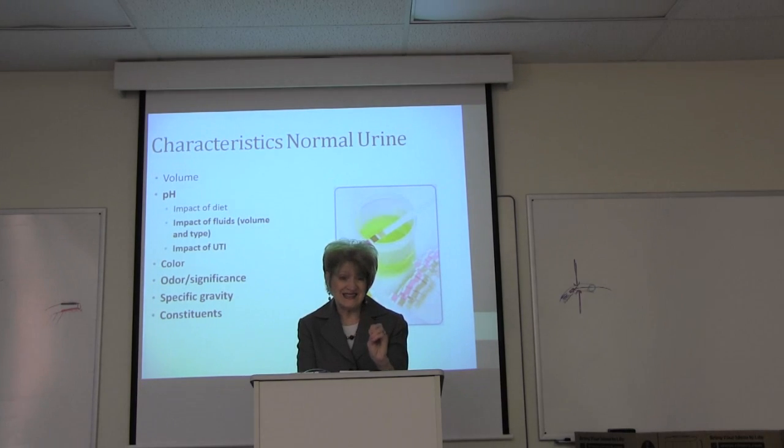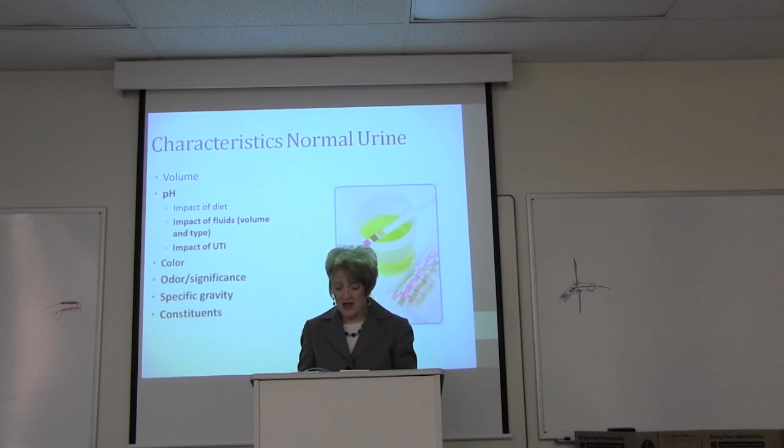Diet has the least impact, but it does have a slight impact in that a vegetarian diet is slightly more likely to produce alkaline urine than a meat-based diet. That's not a reason to encourage people to maintain a meat-based diet, and again, we would never ask a vegetarian to switch over. The other two factors are much more important, and those are the things I want to focus on, and those are the things that we want to address.